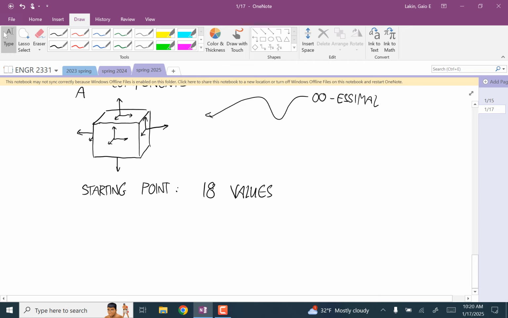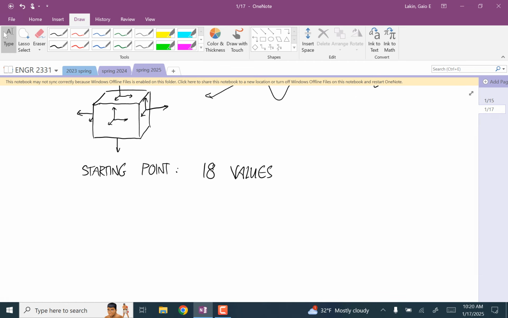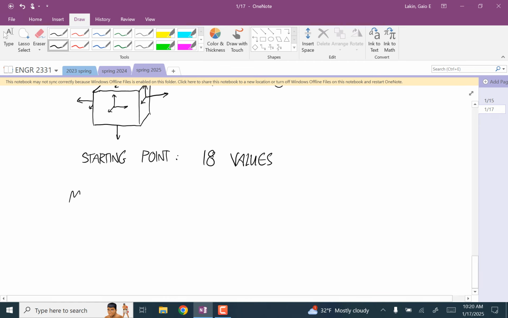But we can reduce it a little more than that. We can keep reducing it. So more reductions.